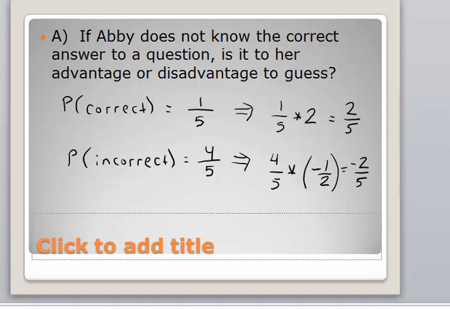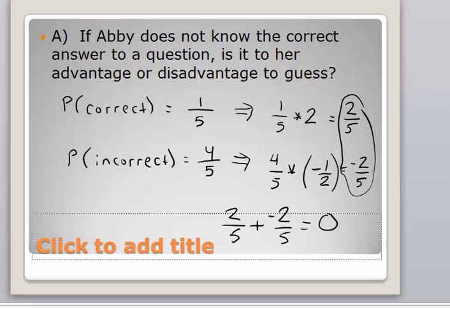And remember, to find your expectation or your expected value, you're simply going to add these 2 results together. So when we add 2/5 to negative 2/5, we end up with 0.